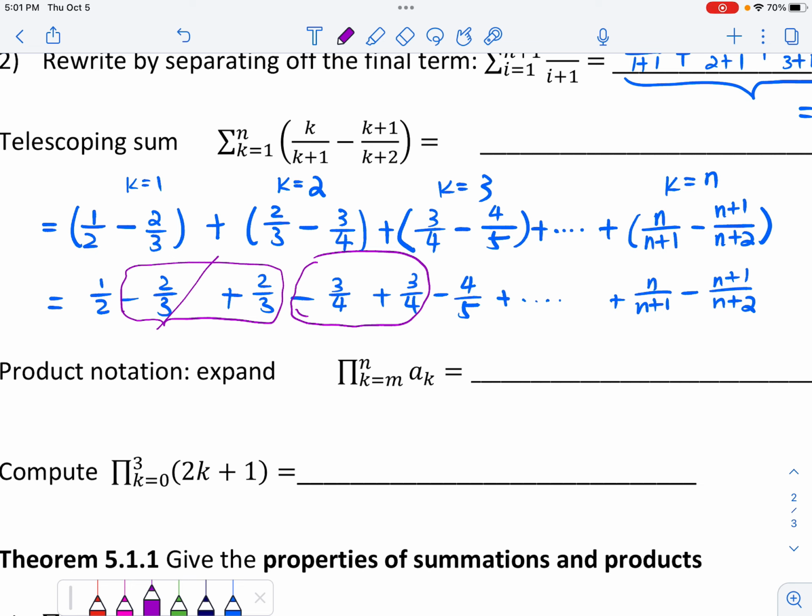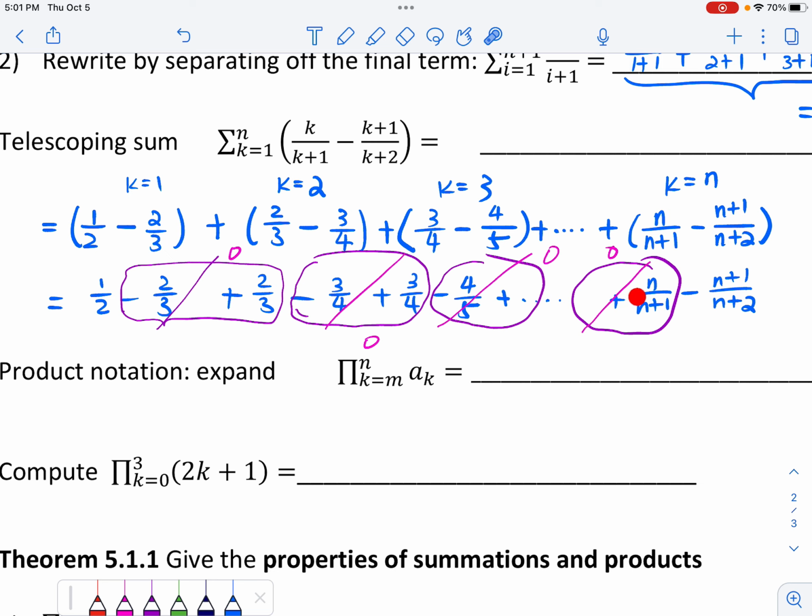Based on this pattern, you will expect each second term to cancel out the first term of the next group. Similarly, for the very last group, the first term should cancel out the second term from the previous group. They should cancel out to 0, and all the middle terms collapse to 0.